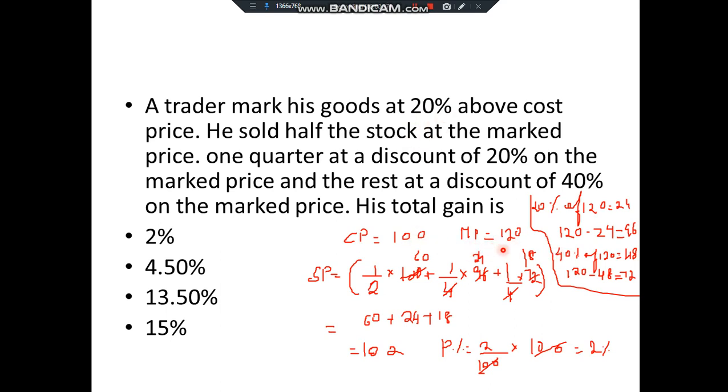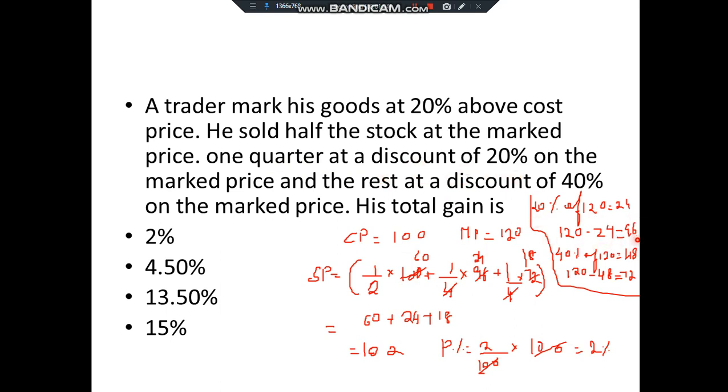Okay, hope you understood. Next, they have told that he sold half the stock, which is 1 by 2, right? See, total is 1. So from that, half he has sold at mark price. So 1 by 2 into 120 plus one quarter, so 1 by 4 at a discount of 20% on mark price. So find 20% of mark price and find the selling price.